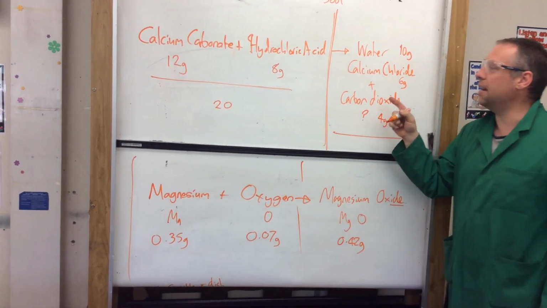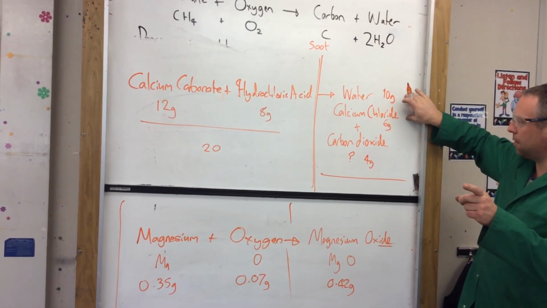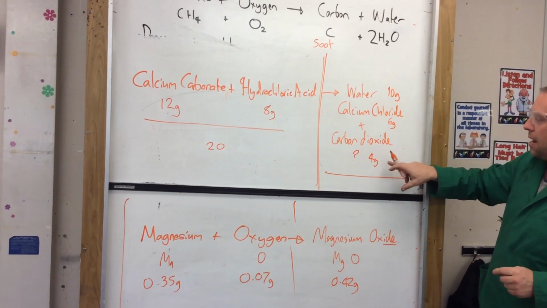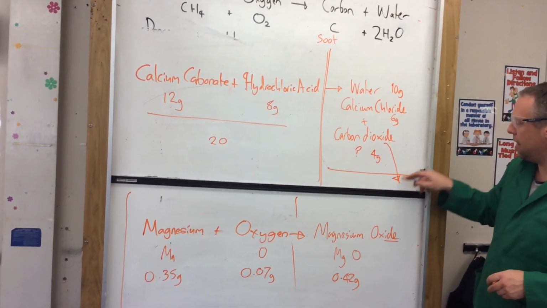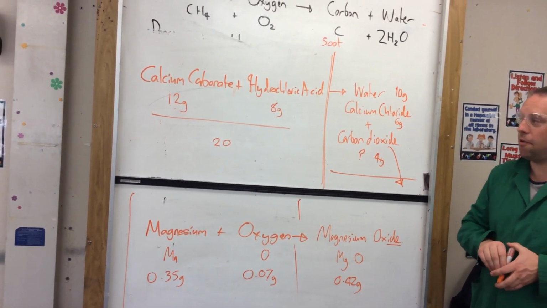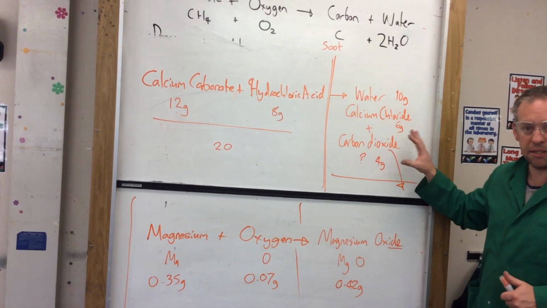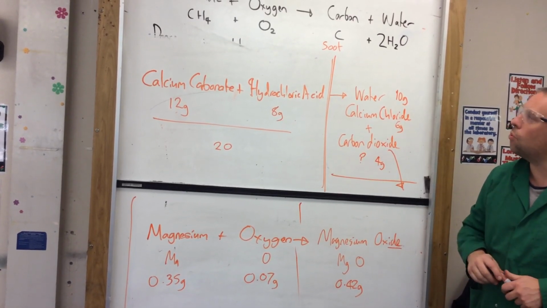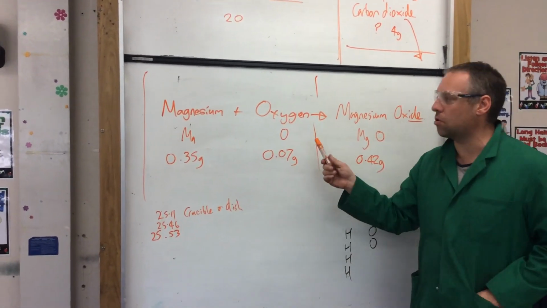So it appears, because I've got water and calcium carbonate in my beaker, that I've lost 4 grams because that carbon dioxide has disappeared into the air. But in fact, I've got the same amounts on both sides. So what to do with this? Well, in my first lesson we did magnesium plus oxygen.